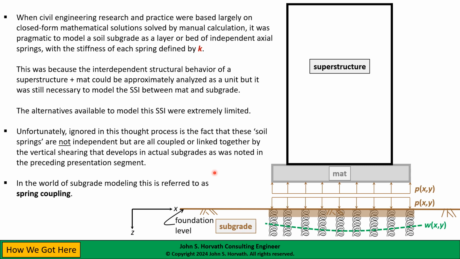This is a term you hear all the time whenever you're talking about subgrade models, and it simply refers to the natural vertical shearing that occurs within a subgrade. You push down at one point, and you're going to cause a settlement at not only that point, but many adjacent points as well. That's what we're talking about here.